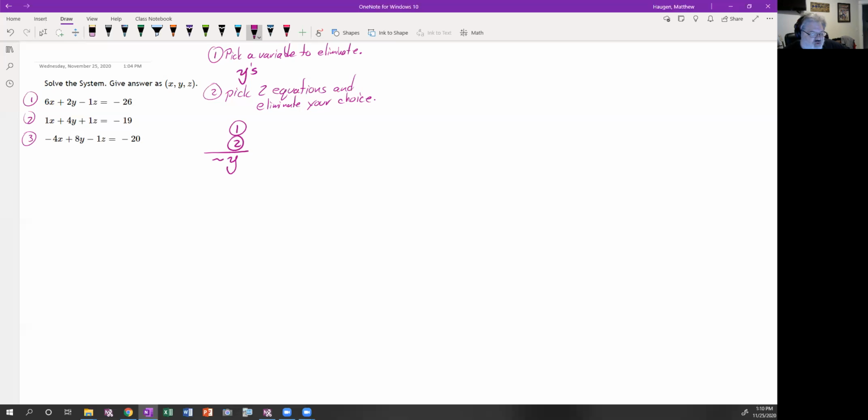So I want to use 1 and 2 and not have y. Fair? So if we just added 1 and 2 together, those y's wouldn't disappear, right? But like you did in 9.1, we could multiply by something to make them disappear, right? Which equations would you want to multiply by what to make the y's go away?